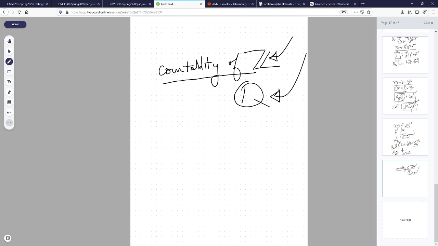Countability of either the integers or maybe the rational numbers. Isn't it something to do with, if something's countable, you can take two elements out of the set, and there's a point at... Keep going.